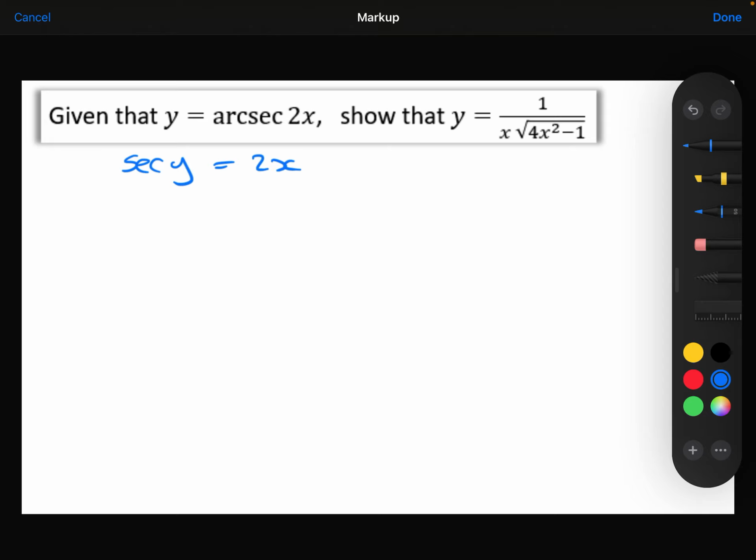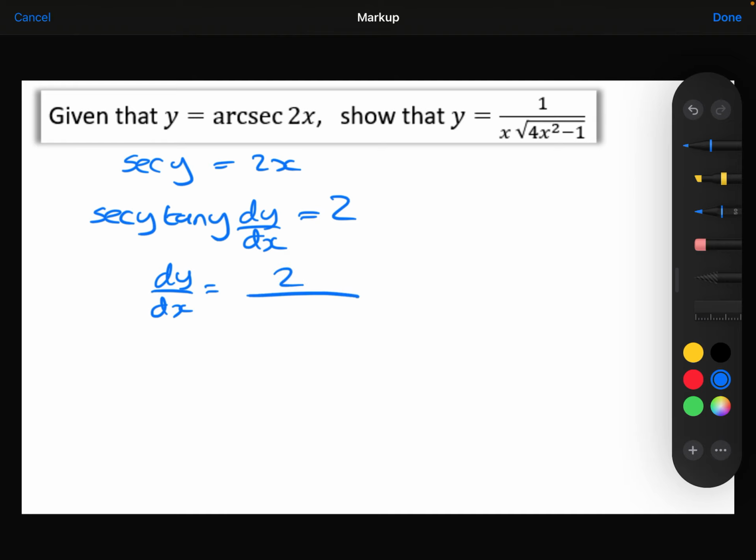Differentiate both sides with respect to x. So sec y is going to differentiate to be sec y tan y with respect to y, so times by dy by dx. 2x is going to differentiate to be 2. Make dy by dx the subject.